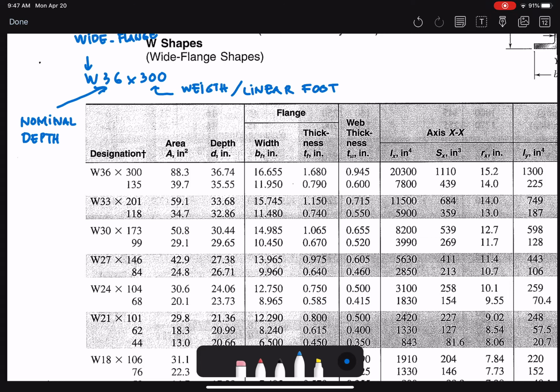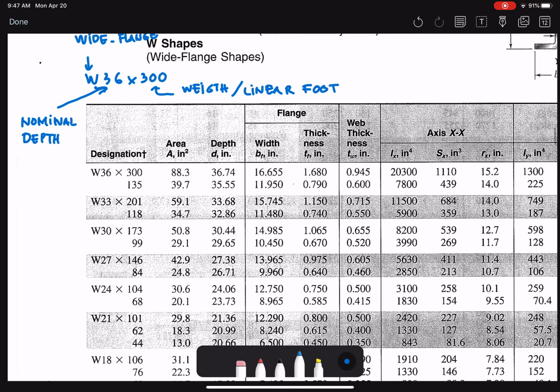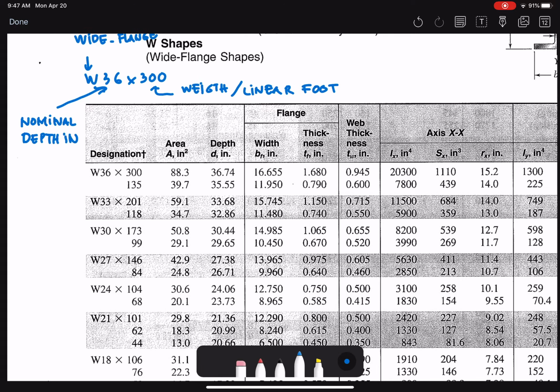So for example, W36 x 300, what does that mean? The nominal depth is 36 inches, and the 300 means the weight per linear foot. In this case, that example is 300 pounds per foot for that section, and similar for the others.